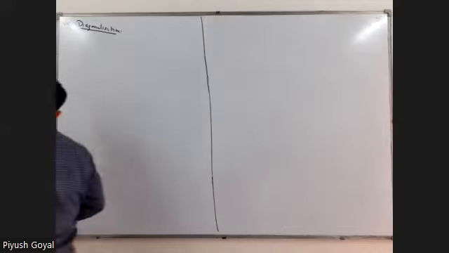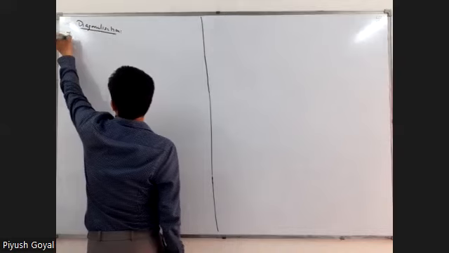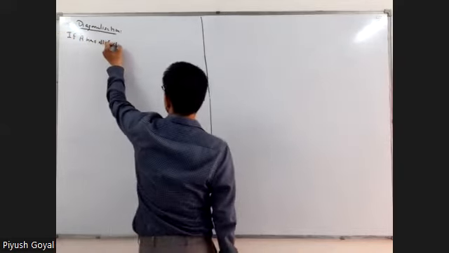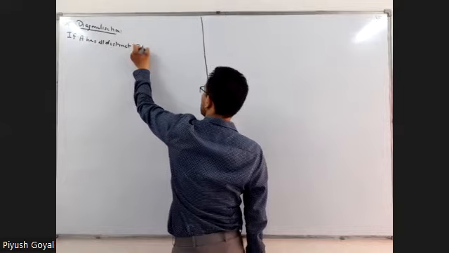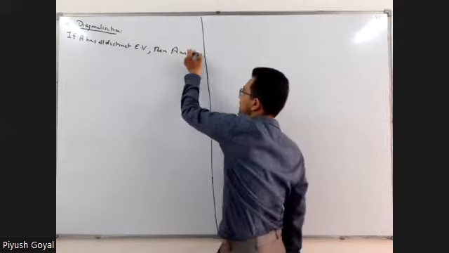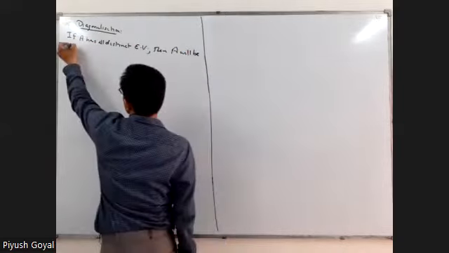Next is a theorem. The theorem is: if capital A has all distinct eigenvalues, then capital A will be diagonalizable.